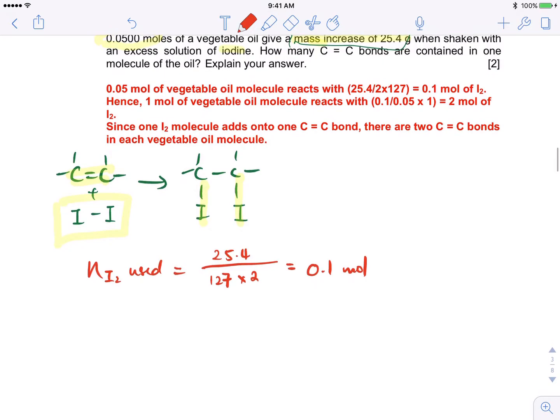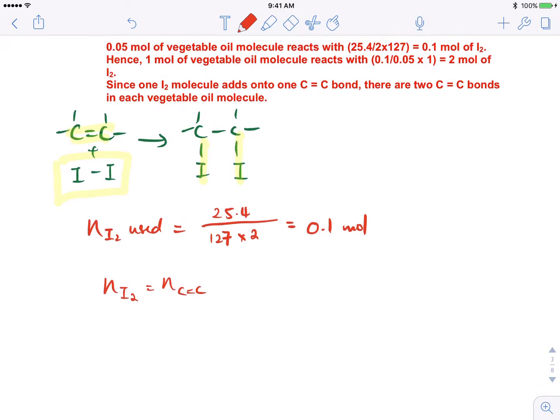Okay, so remember that 1 mole of iodine equals to 1 mole of CC double bond. Let me write down. So therefore, what is the number of CC double bond in this, in fat, oh not fat, sorry, this is a vegetable oil molecule.